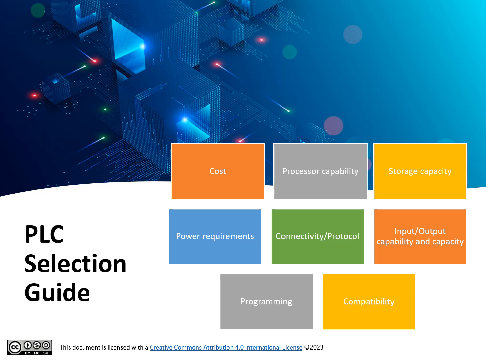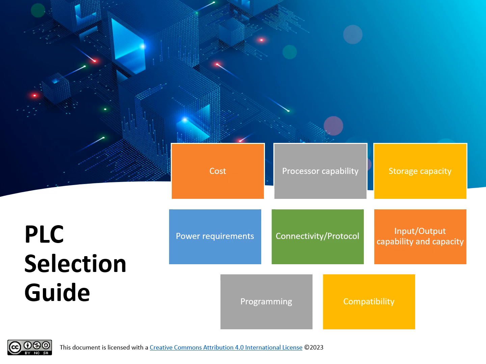Due to the proliferation of PLCs in the market today, choosing a PLC can be a daunting task. Here's a non-exhaustive list of items to consider when choosing a PLC. Number 1, cost: trade-off between performance and affordability. Number 2, processor capability, which refers to the PLC's ability to deliver expected functions.